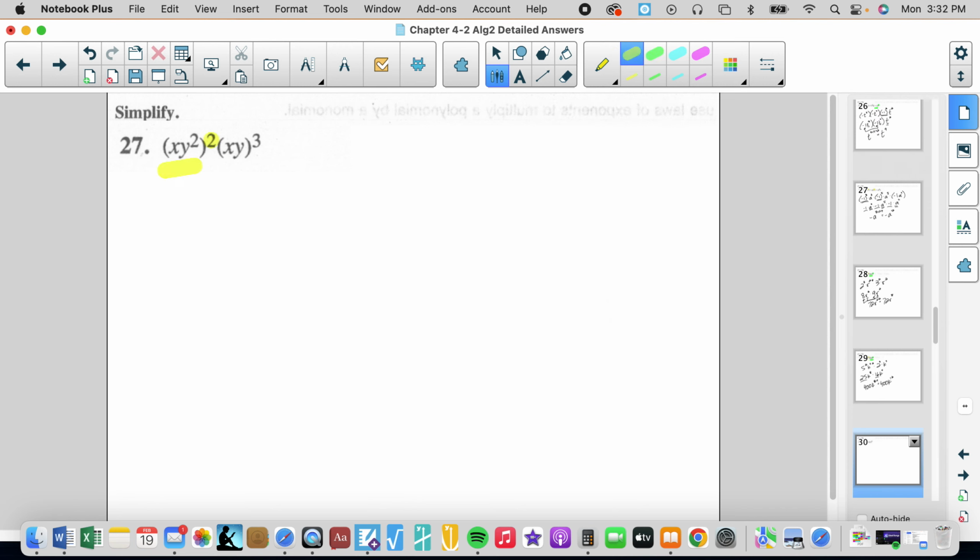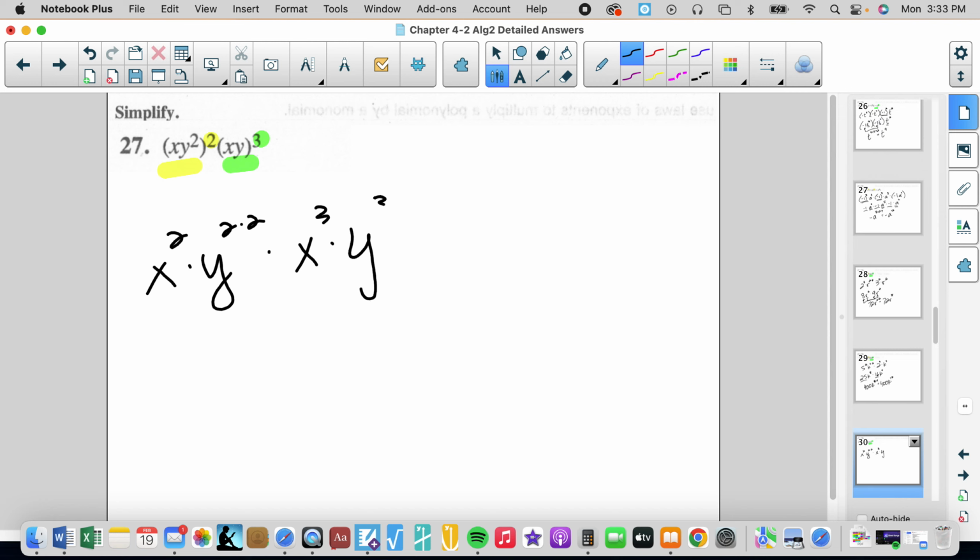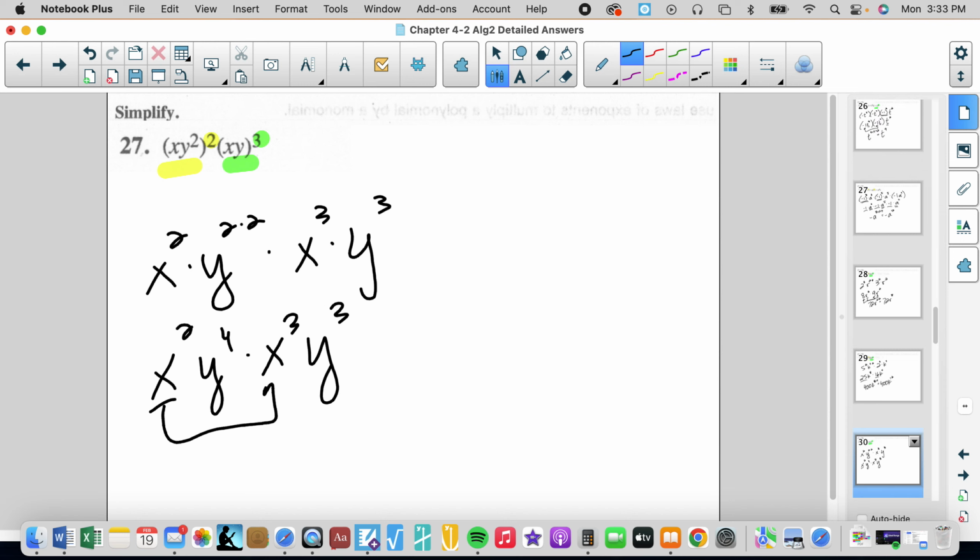That exponent to that base, that exponent to that base. You have x squared times y to the 2 times 2 times x cubed times y cubed. X squared y to the 4th, x to the 3rd, y to the 3rd. Like bases, you're going to add their exponents.